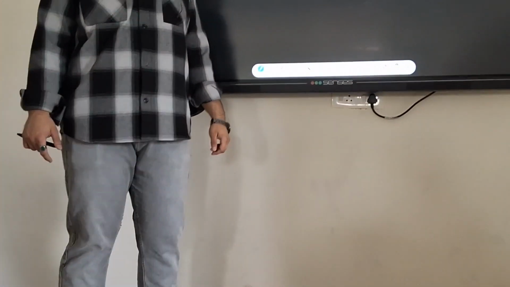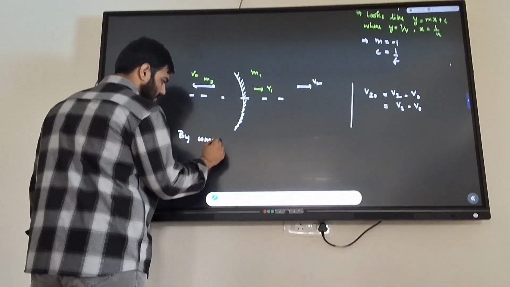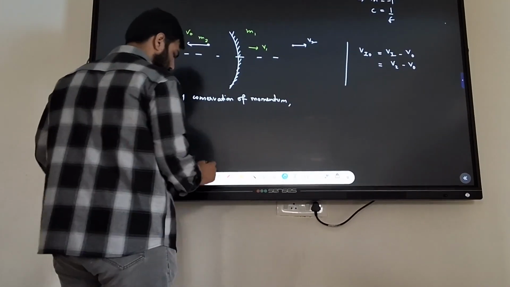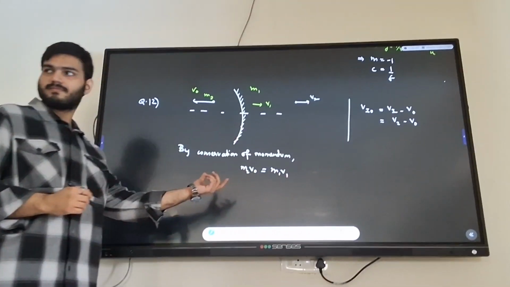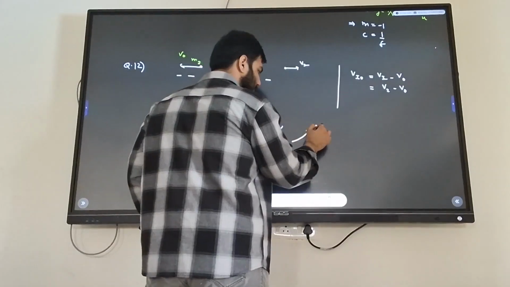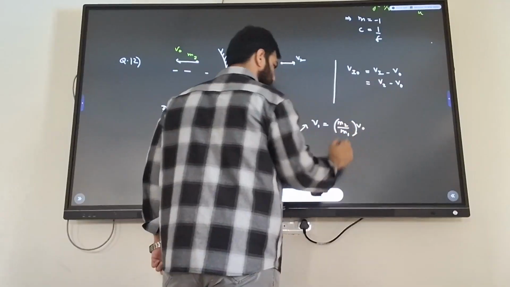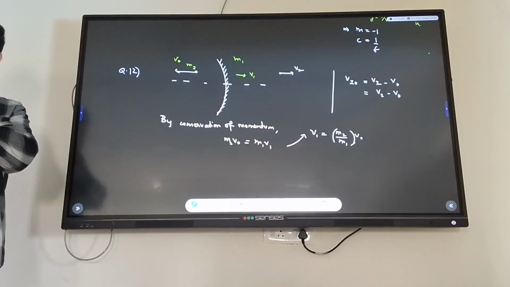By conservation of momentum, I can find it. m2 into v0 is equal to m1 into v1. Then v1 will be m2 by m1 into v0. So I found my mirror velocity.